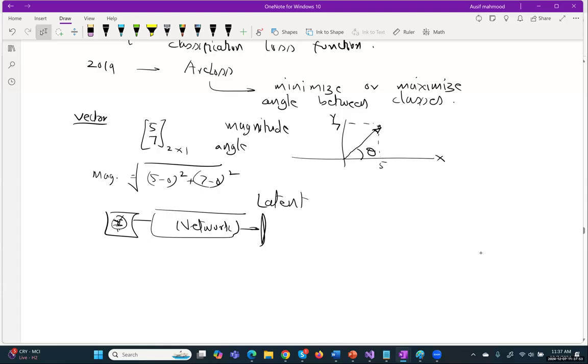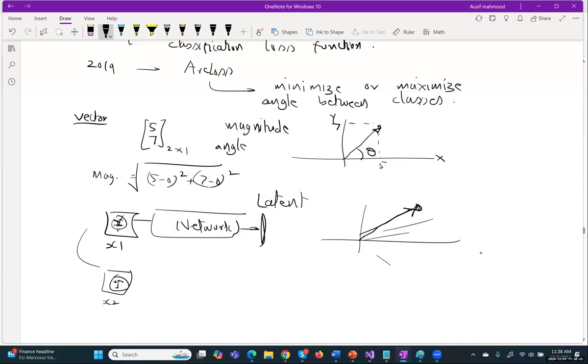If we examine the latent, you'll see it will be in some high dimensional space. It will be a vector. Let's say this is our x1. Now if I feed in another image of the same person, x2 belongs to the same class.